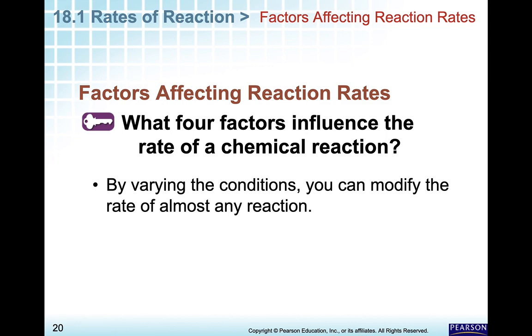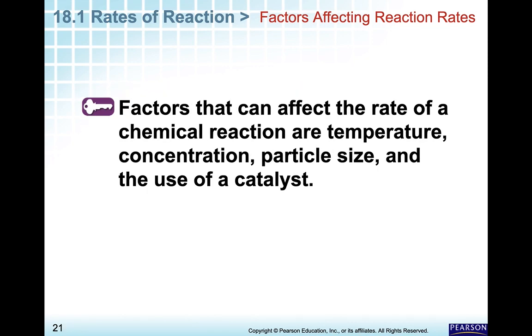There are 4 factors that we can change to influence the reaction rate. So those 4 factors are the temperature, the concentration of our reactants, the particle size, and the use of a catalyst. And we're going to talk about each of these in detail.